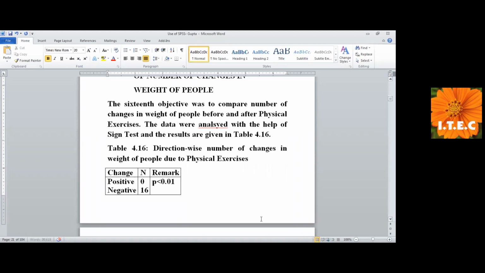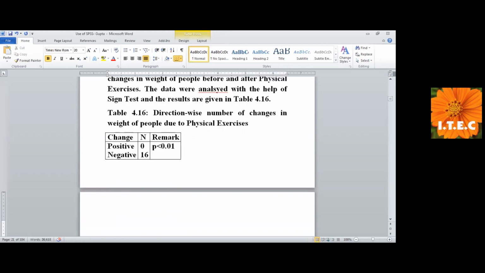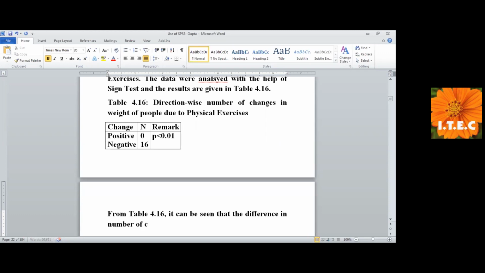So here you can see, from table 4.16, it can be seen that the difference in number of changes is significant at 0.01 level.